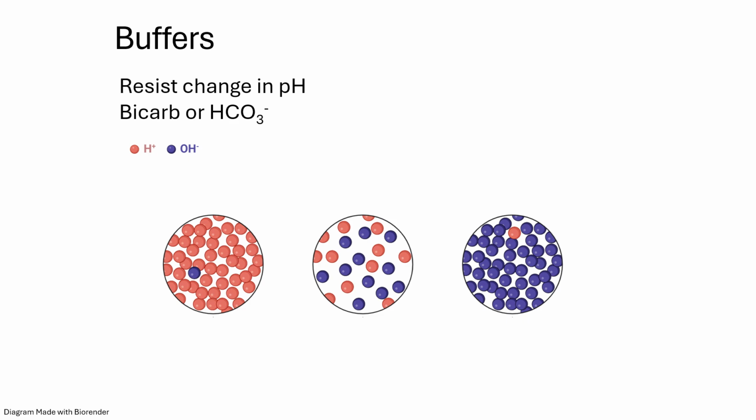Yeah, but what happens if all the buffers in your blood are occupied, but you're still acidic? Well, your lungs and your kidneys also play a part in managing your pH, but they don't like to do anything unless or until all of the buffers in your blood are exhausted. Remember I said that carbon dioxide is acidic? Well, if your blood is too acidic, your breathing rate will increase, trying to blow off that carbon dioxide that you're making.